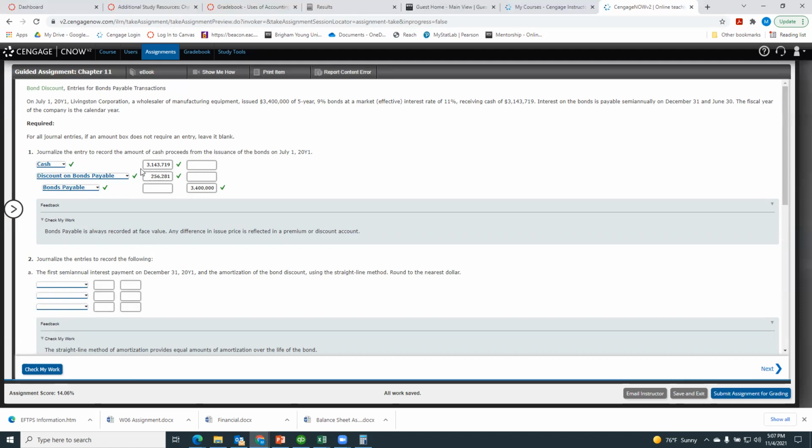If we get 3,143,719 in cash, but we have to pay back $3,400,000, then we're going to have an additional cost to borrowing this money over and above the amount of interest we're going to pay every 6 months. That amount is this total discount divided up over the bond's life. Over the bond's life, we're going to pay a full $256,281.